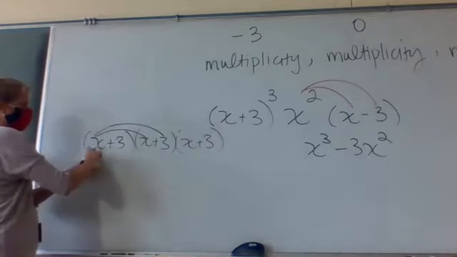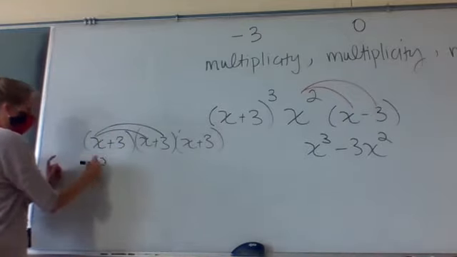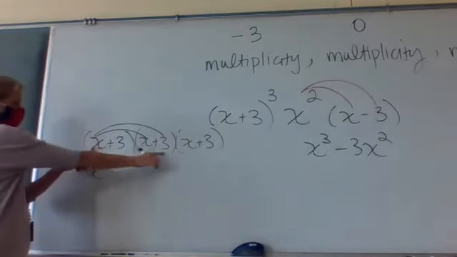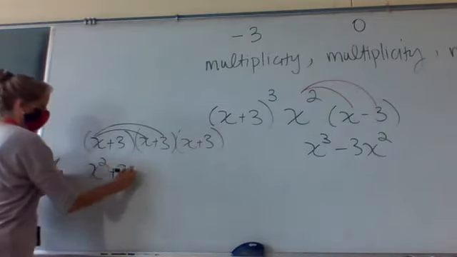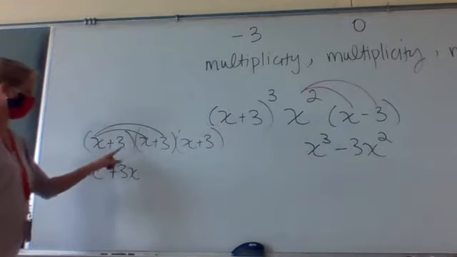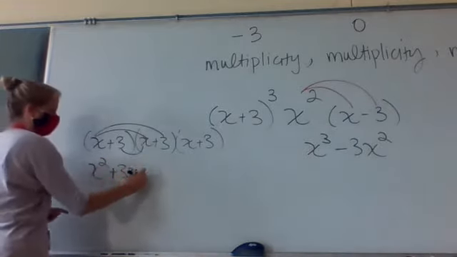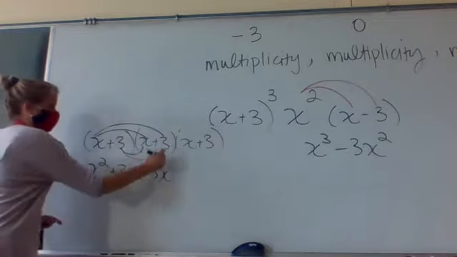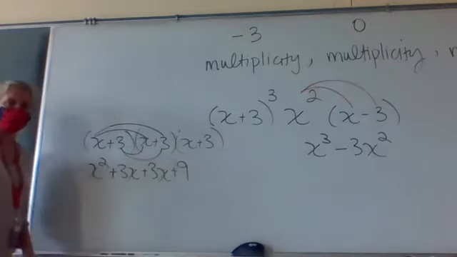Multiply these two together first. X times x gives me x squared. X times 3 is 3x. 3 times x is another 3x, and 3 times 3 is 9.